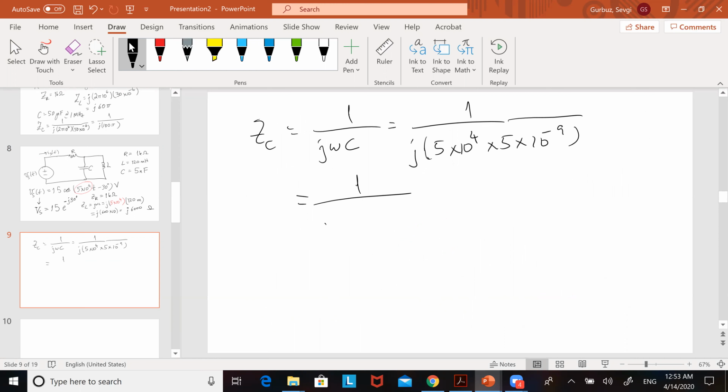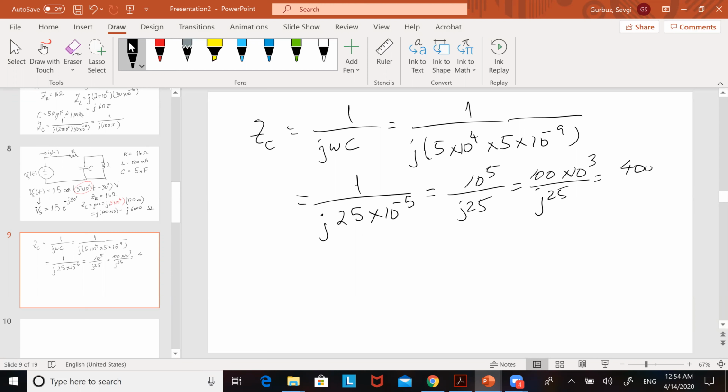We get 1 over j times 25 times 10 to the minus 5, which is going to be 10 to the 5 divided by j 25. And I can split this into 100 times 1,000. And if you divide through, you can find that this turns into 4,000 divided by j. It's common to not leave j terms in the denominator. So we would more commonly write this as minus j times 4,000.